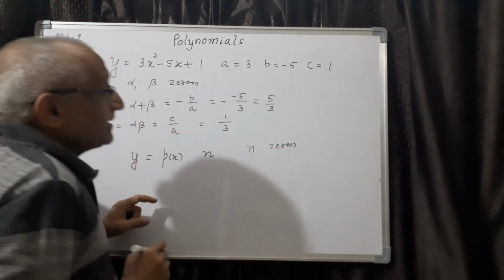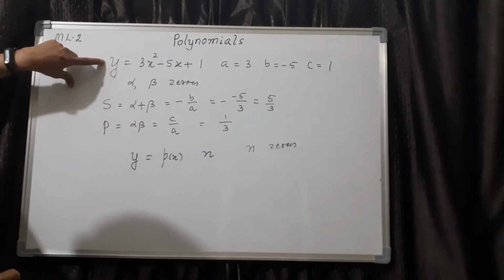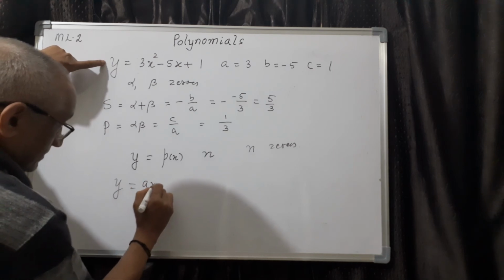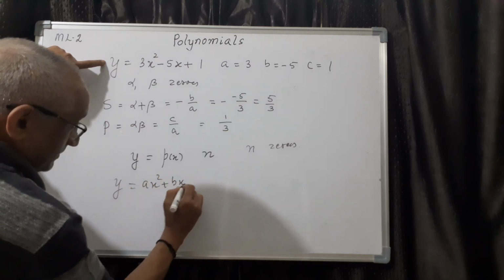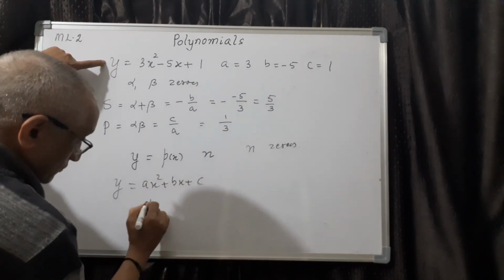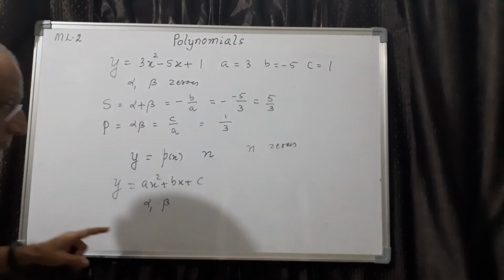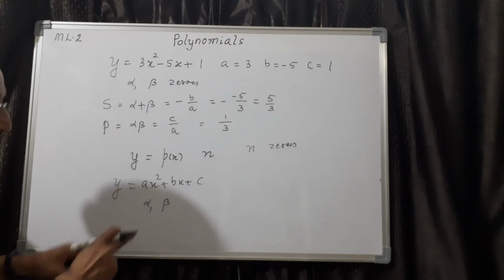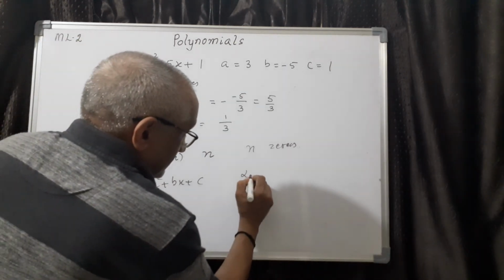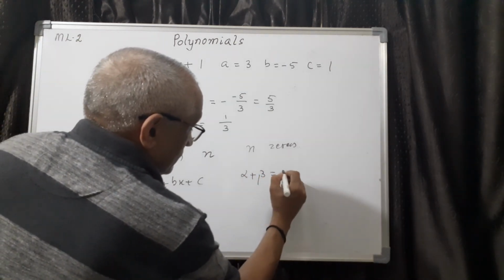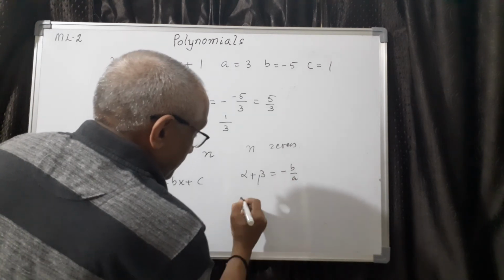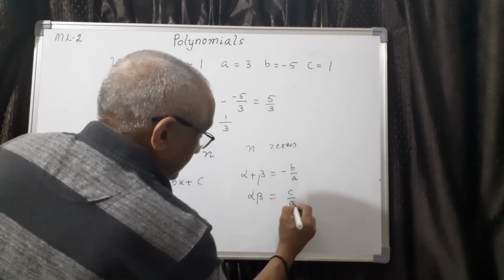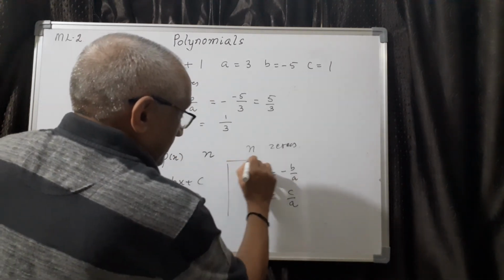And in the case of a quadratic polynomial y equal to ax square plus bx plus c, suppose it has two real zeros alpha and beta, that means it cuts the x-axis at alpha and beta. Then the sum of the zeros will be equal to minus b by a, and the product of the zeros will be equal to c by a. So this is the conclusion.